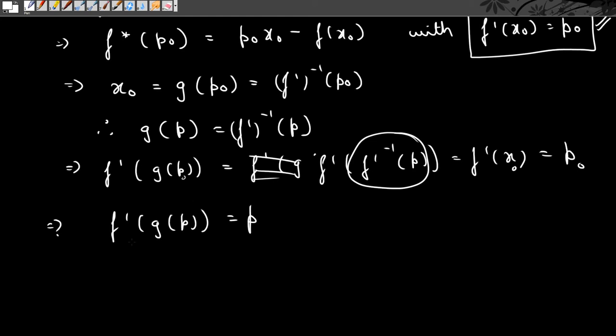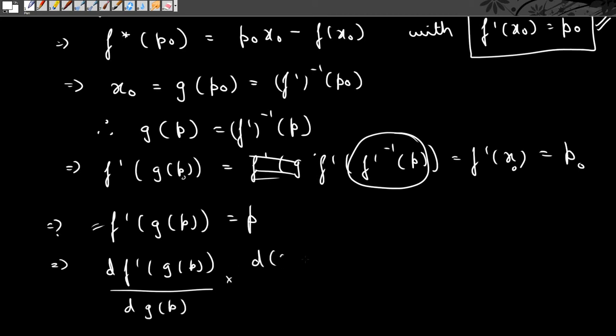So if I differentiate this relation again with respect to p, using the chain rule, d f dash of g of p by dg of p into dg of p by dp is equal to dp by dp, which is 1.